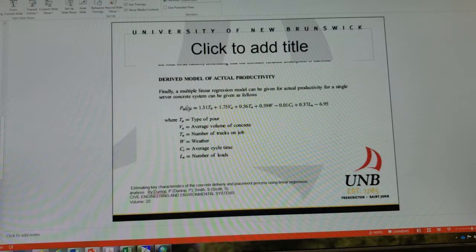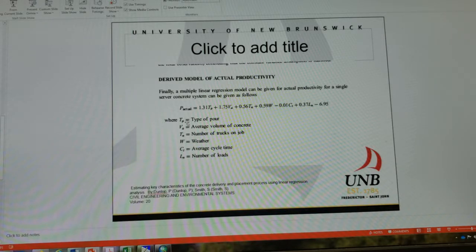We've got productivity as a function of the type of pour, volume of concrete, number of trucks on the job, weather, cycle time, loads, etc. What we have here are coefficients in front of each variable, and these coefficients we determine through some kind of regression equation.